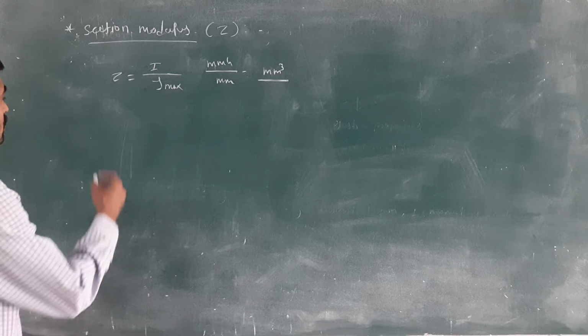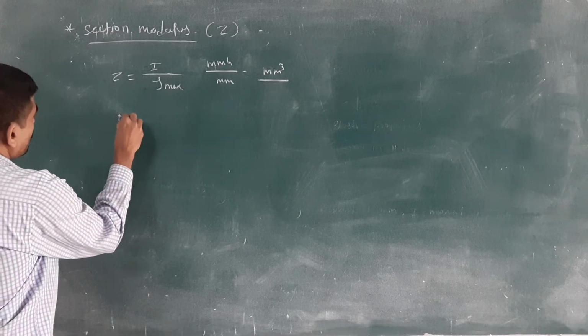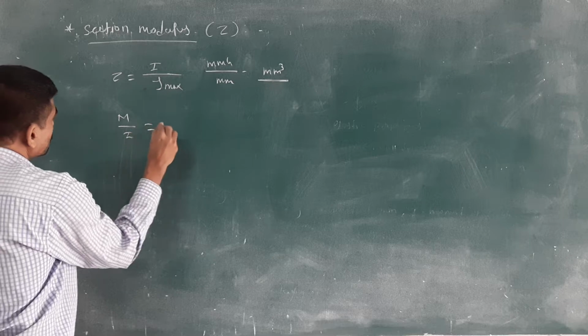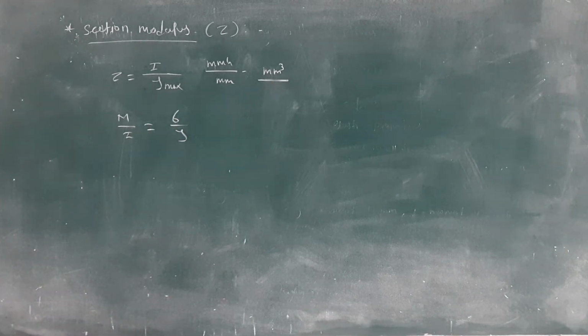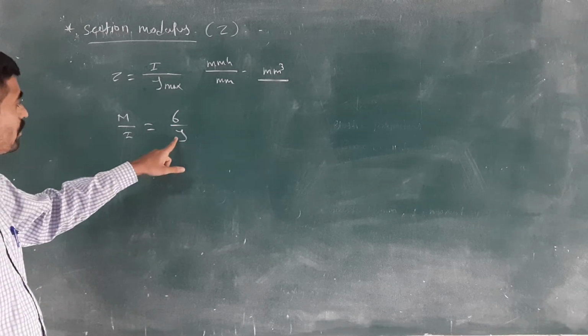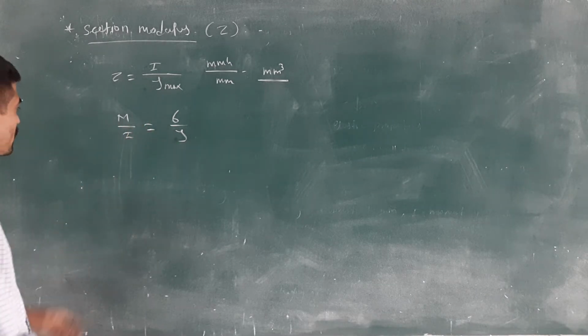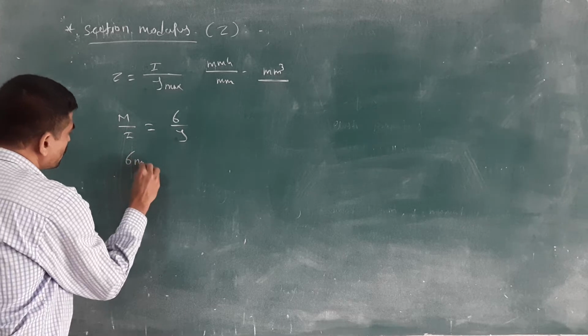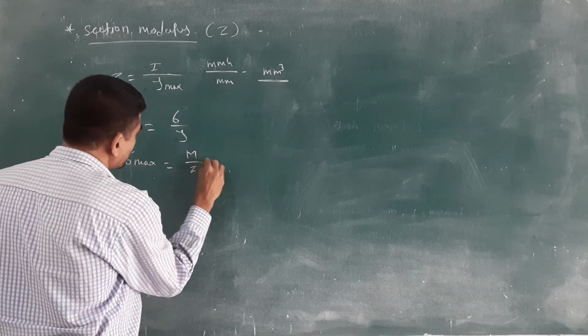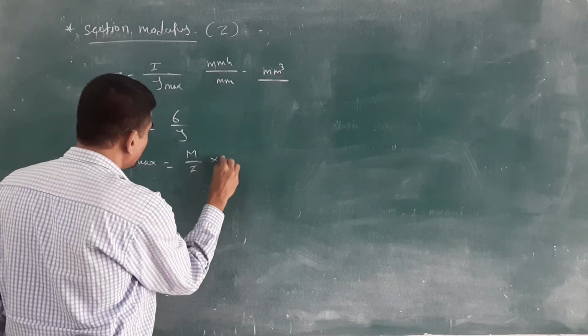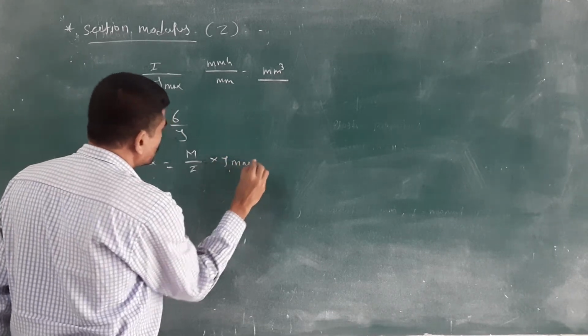Then we know the bending formula: M by I is equal to sigma by Y. We get the maximum stress induced in the given member when the Y value is maximum, so we can write sigma max is equal to M by I into Y max.